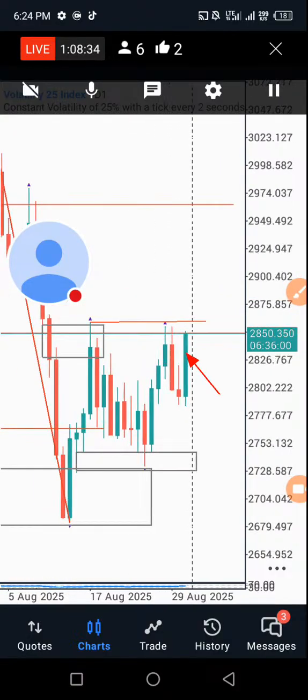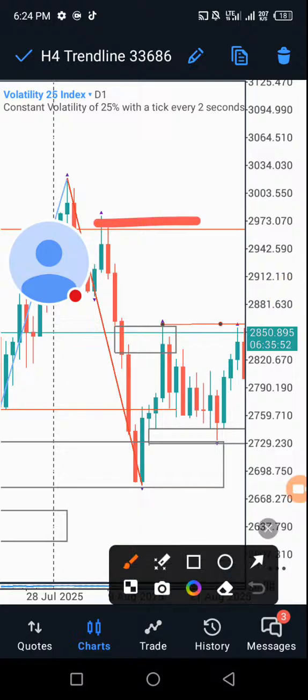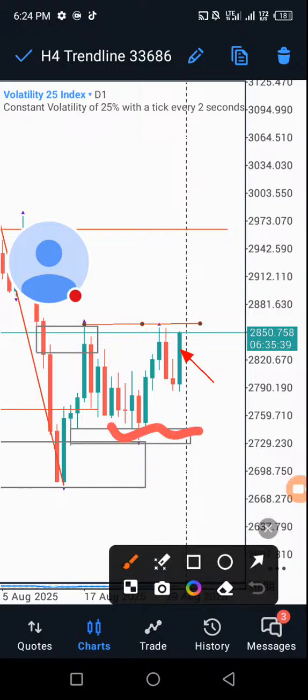So what we are going to do now is wait for the market to break above. Instead of waiting for the market to give us a change of character here, this is where we wait for it to break out. Don't forget we've identified a demand level here.